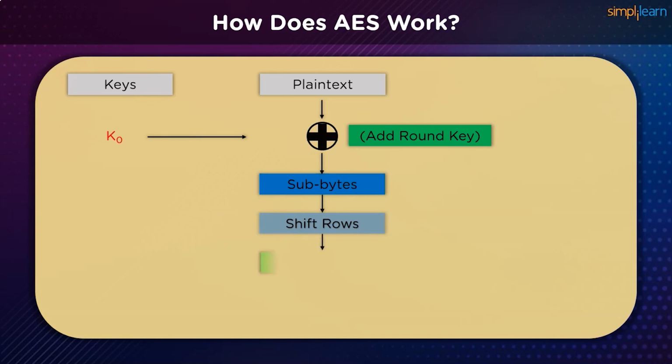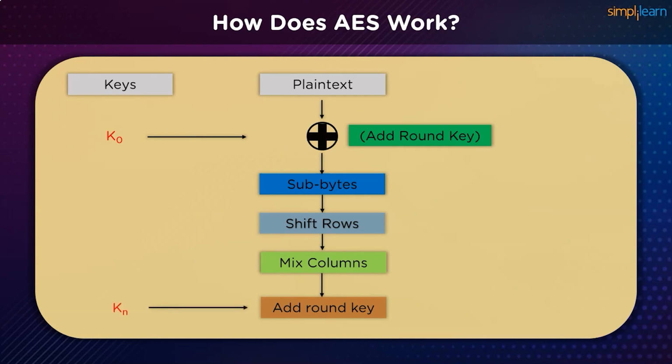Later on, the state array is mixed with a constant matrix to shuffle its columns in the mix columns segment, after which we add the round key for that particular round. The last 4 steps mentioned are part of every single round that the encryption algorithm goes through. The state arrays are then passed from one round to the next as an input. In the last round, however, we skip the mix columns portion, with the rest of the process remaining unchanged.